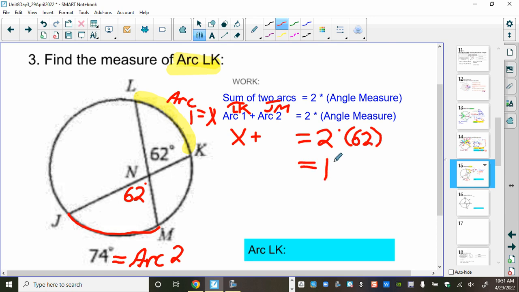All right, I'll give you that one, Valerie. Good job. Plus 74. So x plus 74 is going to be 124. Yup. Good. And then can we solve for x? Yeah, you can.